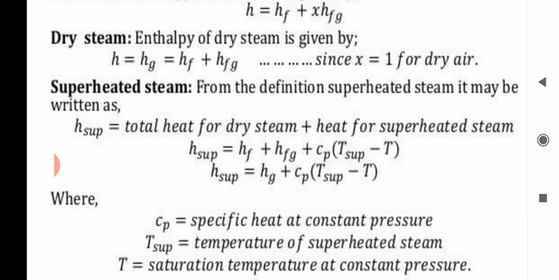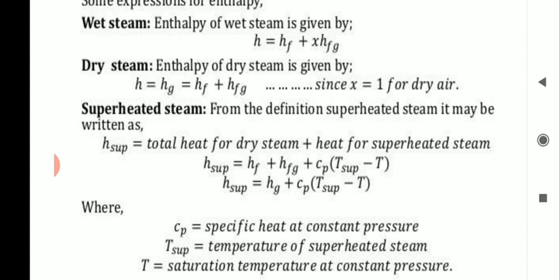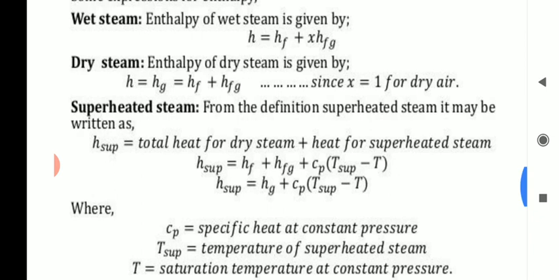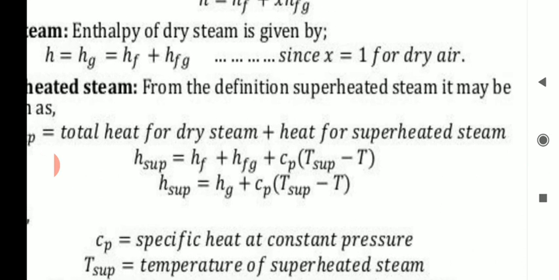Then for the superheated steam, from the definition of superheated steam, the enthalpy H superheat is equal to the total heat for the dry steam, that is Hg, or Hf plus Hfg, plus the heat for superheated steam, given by the product of specific heat and change in temperature, that is Cp into bracket T superheat minus Ts.